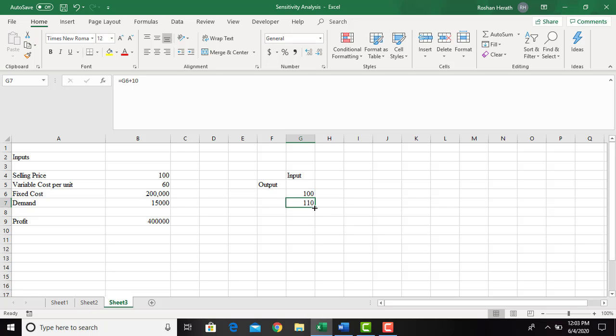So you can take that, you can simply drag it from there onwards. Let's take it up until 180. So that is the maximum price we can go. Now we need to know what must be the corresponding output relating to these different inputs. What must be the corresponding profit relating to these different outputs. So therefore now you try to get your output. When you are going to get your output, the most important thing is the place where you are going to put it.